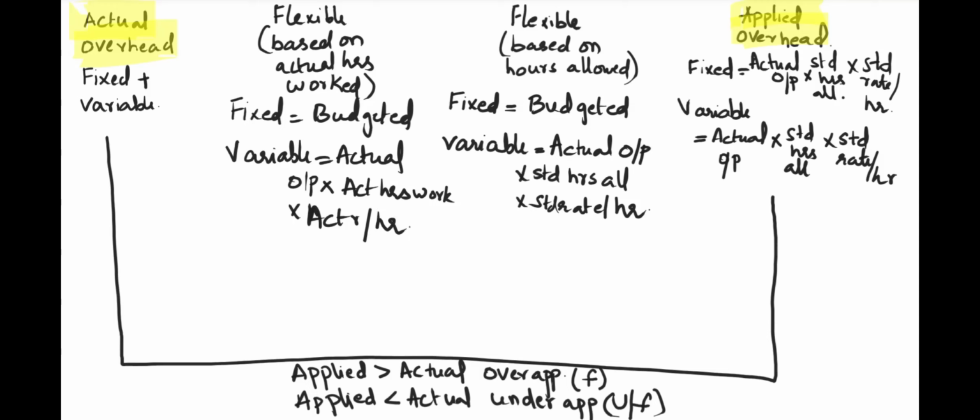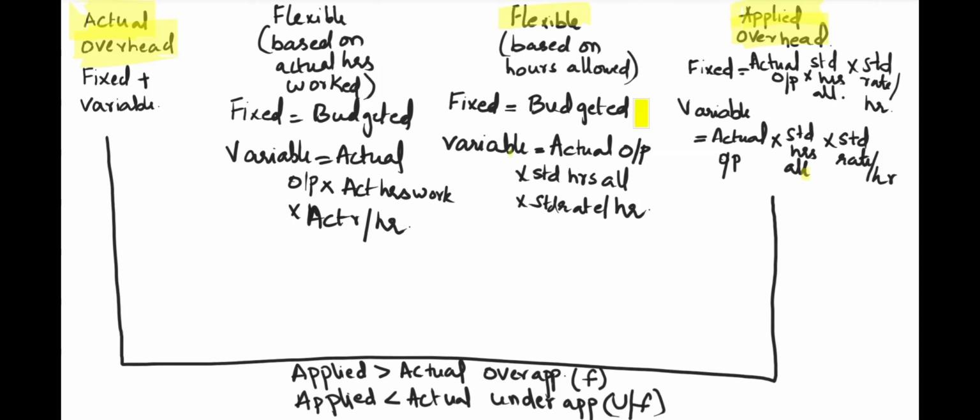All right. Now, if you look at these two parts, the flexible budget based on hours allowed and your applied overhead, you see that variable overhead is the same here, so there won't be any variance. The only difference is in the fixed overhead.